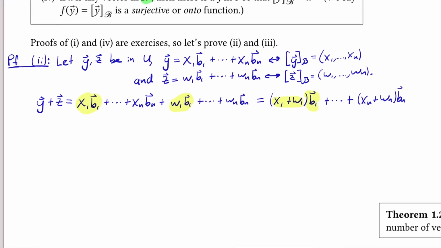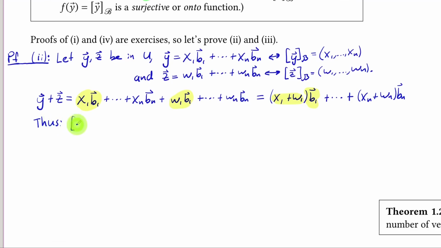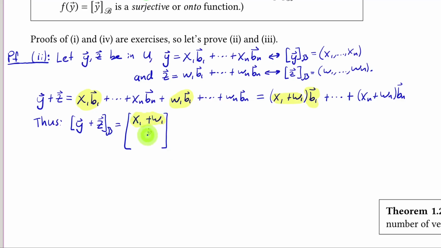And what this means is that the B coordinates of the vector y plus z are the vector whose first coordinate is x1 plus w1, and so on.